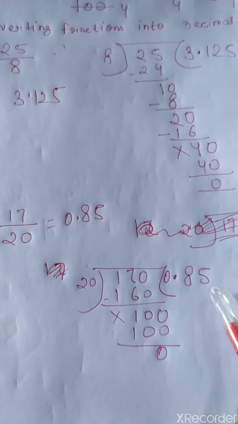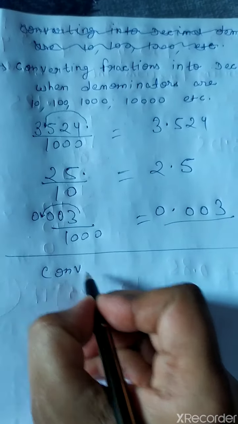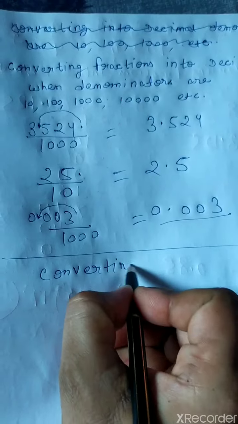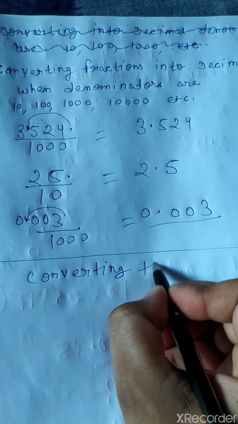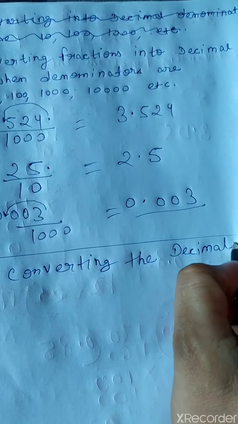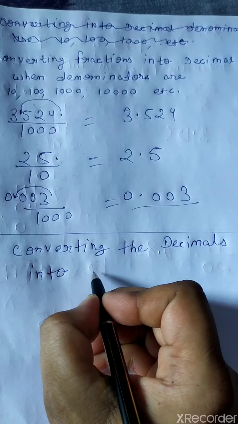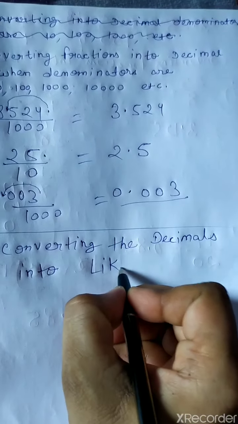Okay, 0.85. Now the next point is converting the decimals into like decimals.